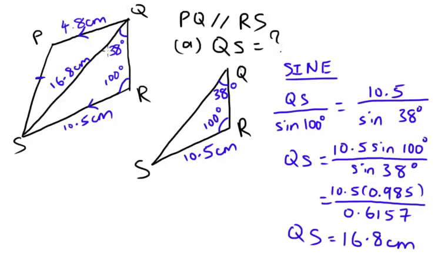From the triangle QRS, if here is 38, here is 100, we can get the angle here because we can use 180 minus the other 2, and you will get 42 degrees. Since PQ and RS are parallel, these two will be the same. So here you will get 42 as well.